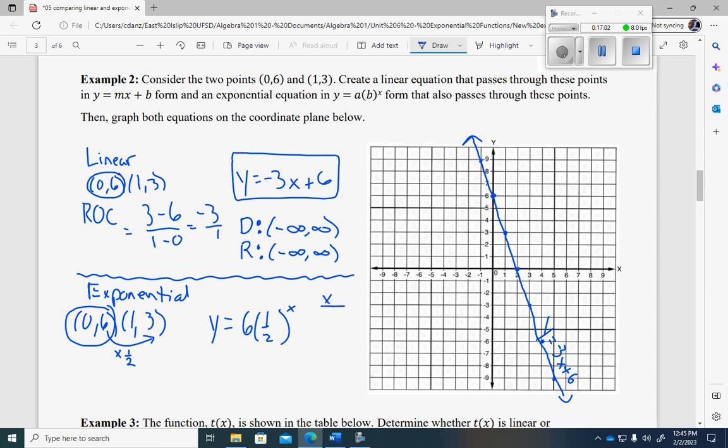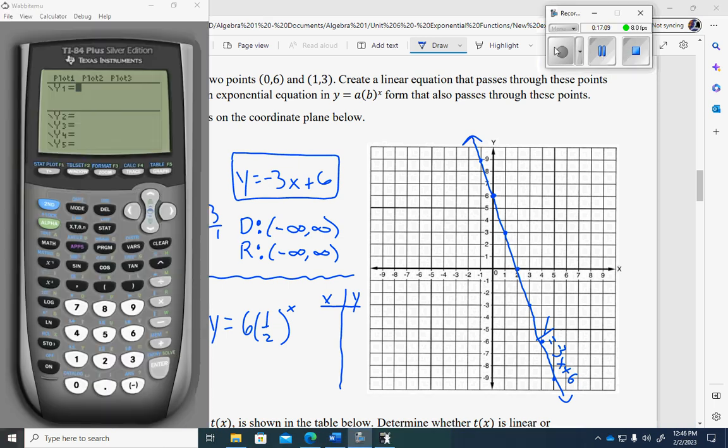I want some maybe points to look at. So if I put in here 6 times 1/2 to the x power, and look at my table, I could first of all make sure those 2 points are there to verify that I wrote the correct equation.